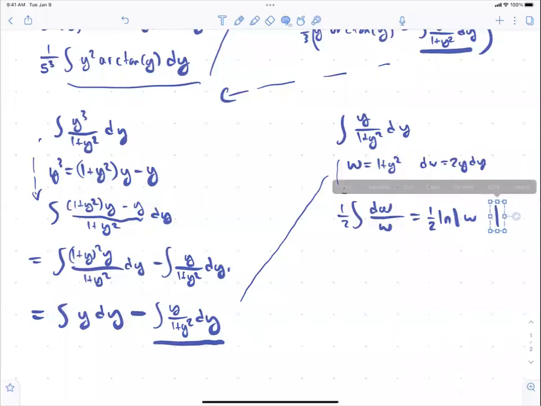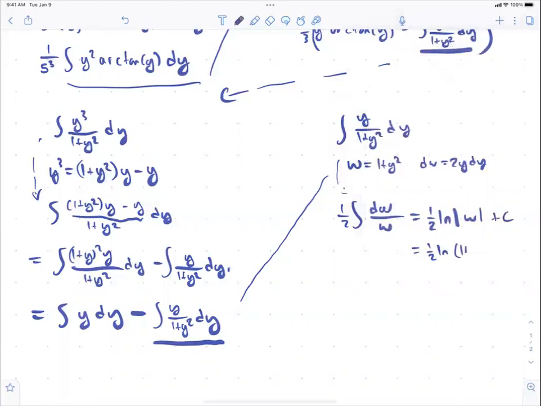So it's 1/2 ln of the absolute value of w, plus c, which is 1/2 ln of 1 plus y squared. I dropped the absolute value signs and just wrote parentheses here because 1 plus y squared is always positive. You could keep the absolute value signs if you want, that's fine. Okay, good. So I got this part.